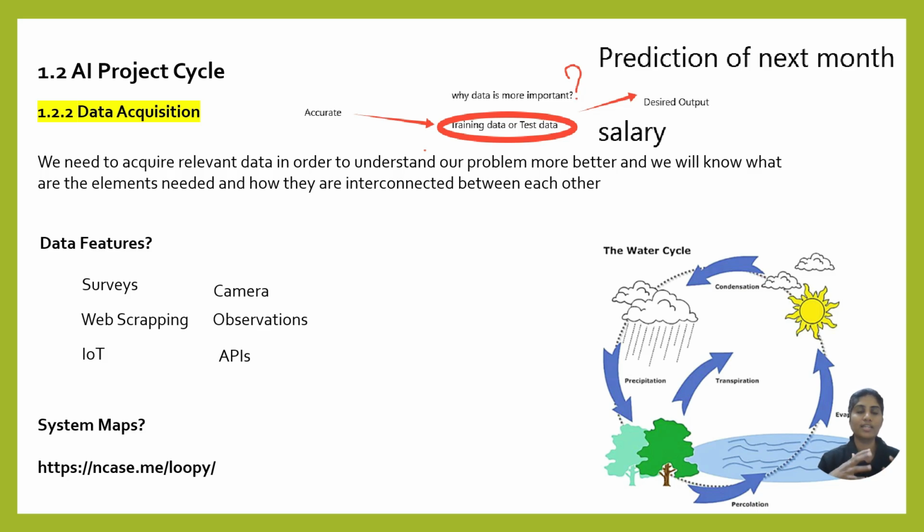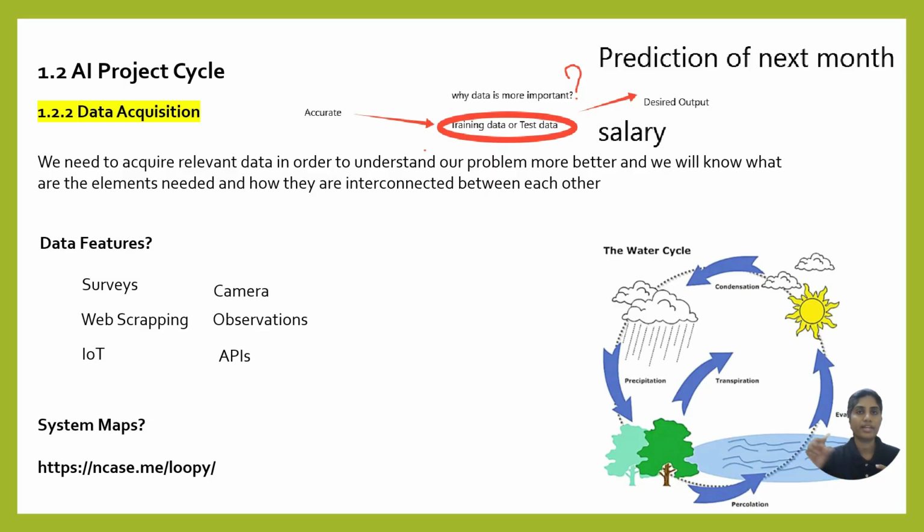Like that, in our system, whichever elements we are taking, everything is dependent on or related to each other. In the previous example I talked about salary. When I talk about salary, bonus is related to salary, and increment percentage is related to salary.